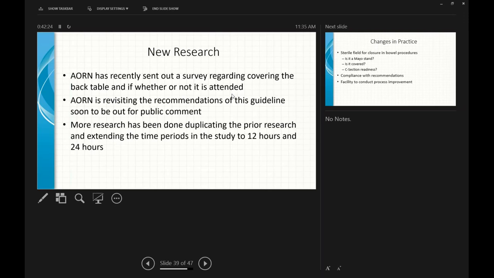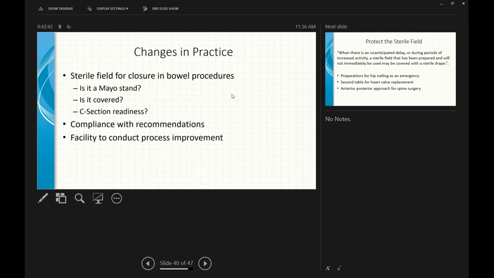And more research has been done in our industry sector, duplicating the prior research and extending the time periods in the study to 12 and 24 hours. And we'll be waiting to see how AORN is going to change its guideline. And that's due out sometime this year. The public comment period will be.